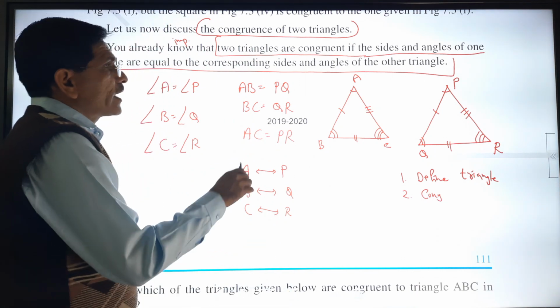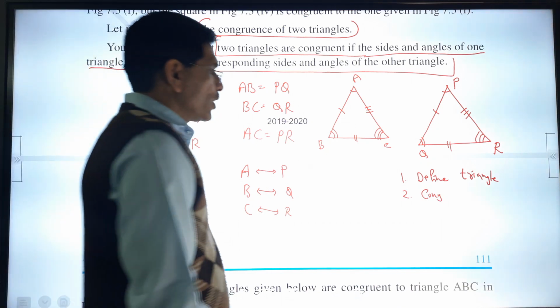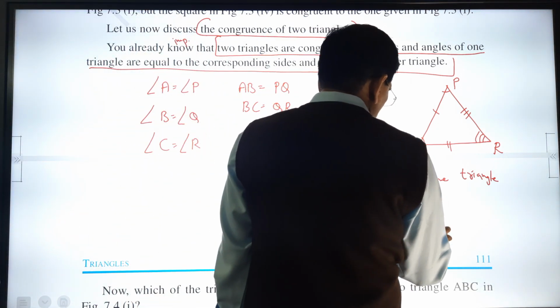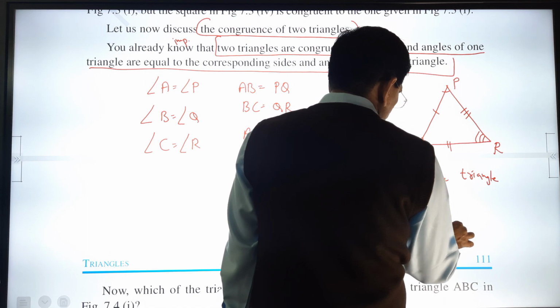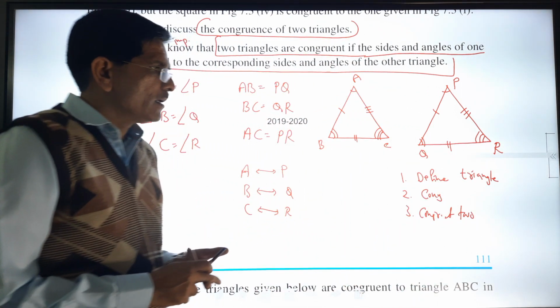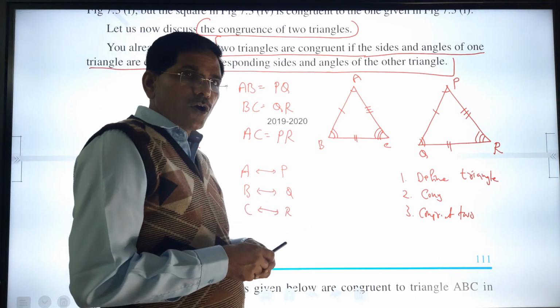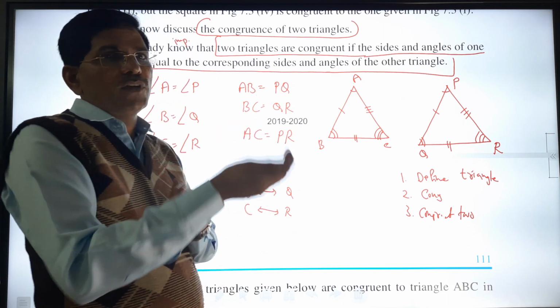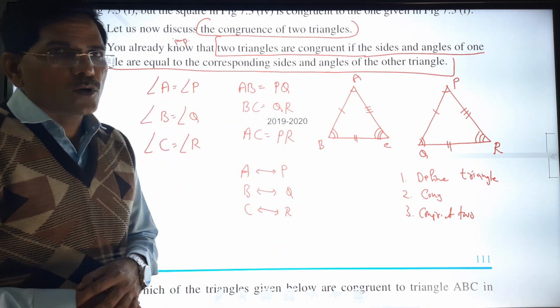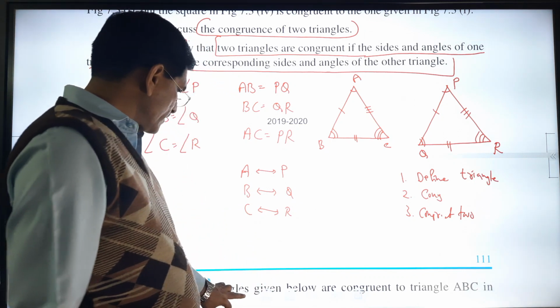And third, we discuss the congruence of two triangles. So there are three points you have to write: first, the definition of a triangle and its points, about 4 or 5 points; second, the definition of congruence with a figure; and third, the congruence of two triangles. Now we go to the next.